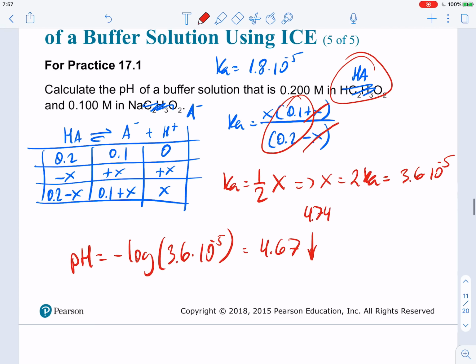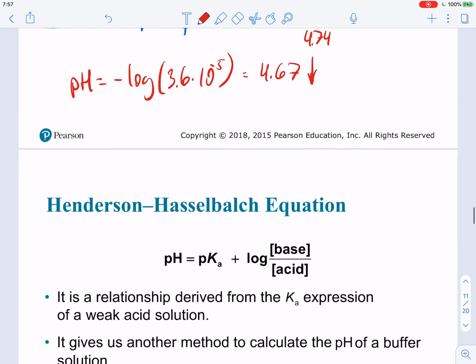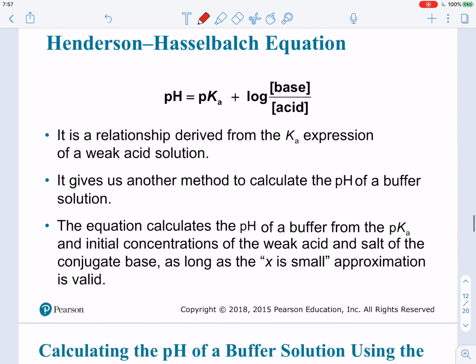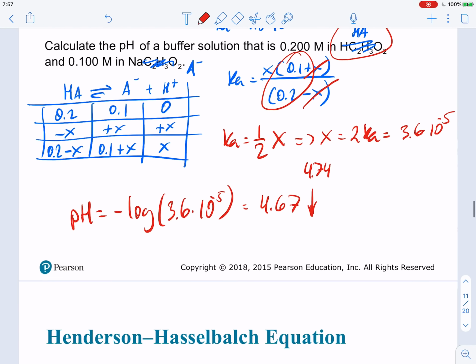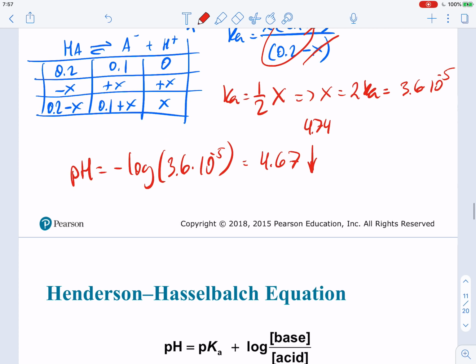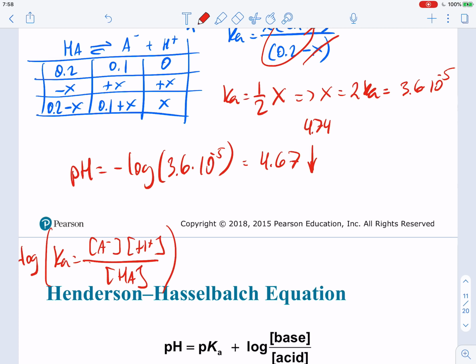Now we can do this, or we can do something a little easier. Okay, because if we think about this, what is Ka, right? Ka is A minus times H plus over HA, right? So how about we do this crazy thing? How about we apply minus log to the whole thing?